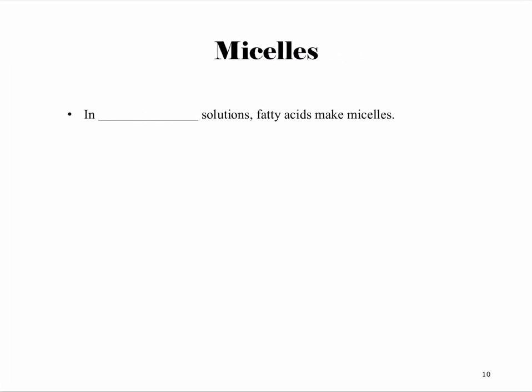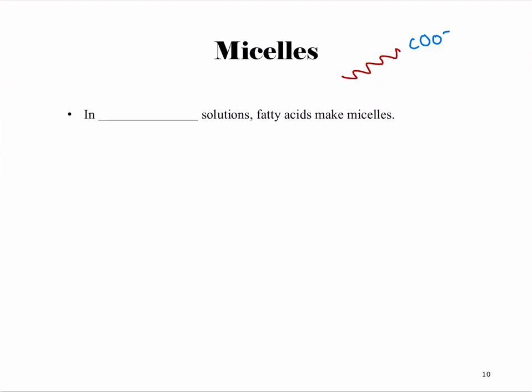So then these fatty acids can also form what are called micelles. It depends on the type of solution. If we have a carboxylic acid, we'll do COO minus, the carboxylate, and then a non-polar side chain there.